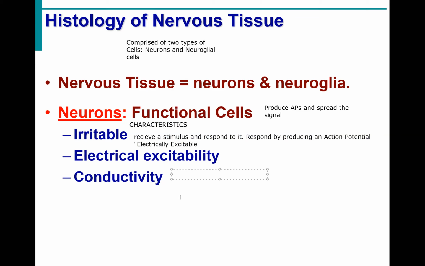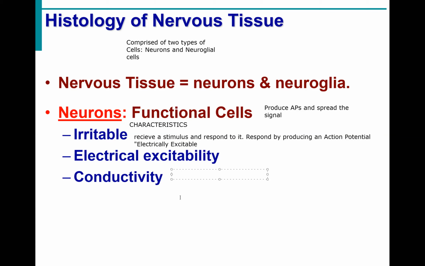We didn't emphasize this for muscle cells, but we did talk about it. Remember, the muscle cell produced the muscle action potential at the motor end plate, but then it spread down the sarcolemma and down the transverse tubules. And as we said, that sarcolemma was specialized to produce and project an electrical signal.